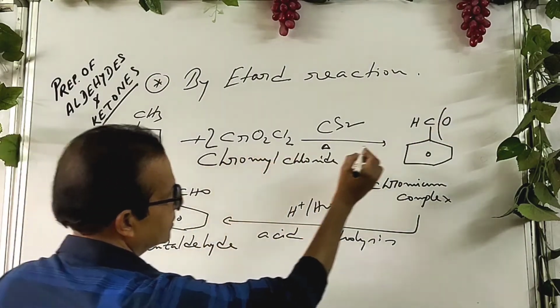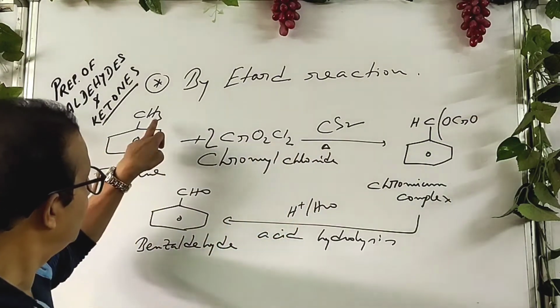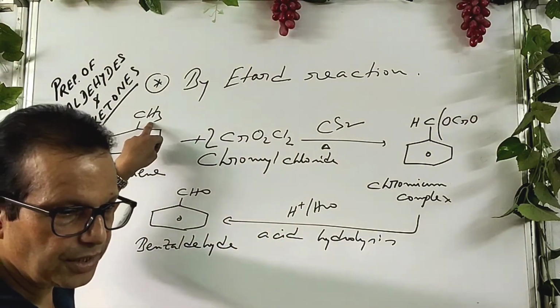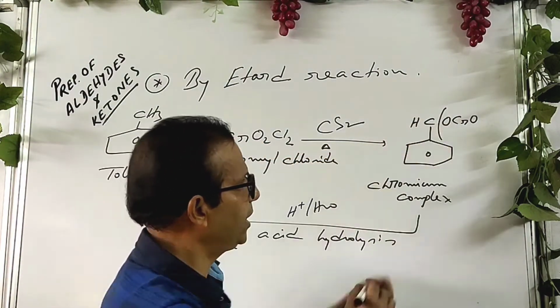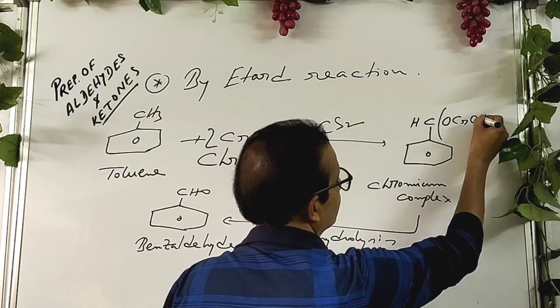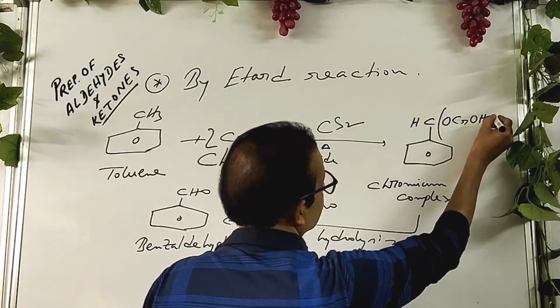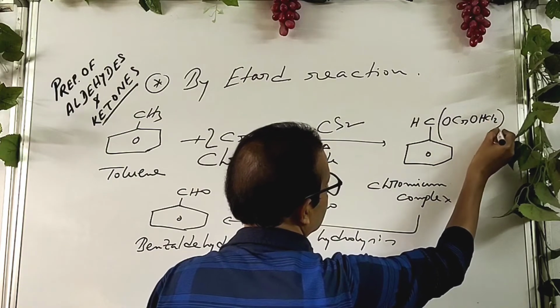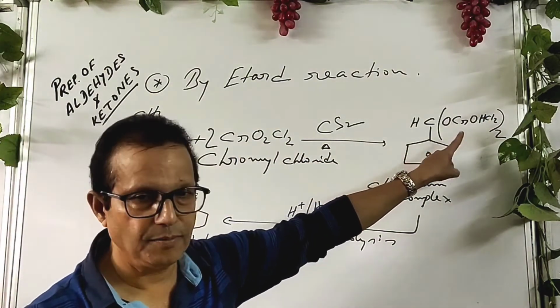Write as it is. 3 hydrogen atoms are here. We have written only one hydrogen atom. So take another hydrogen atom. Write the chlorine as it is. So this is called chromium complex.